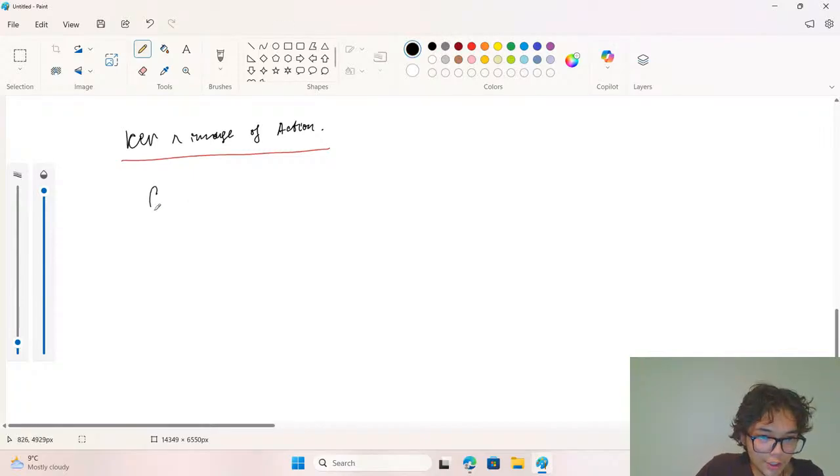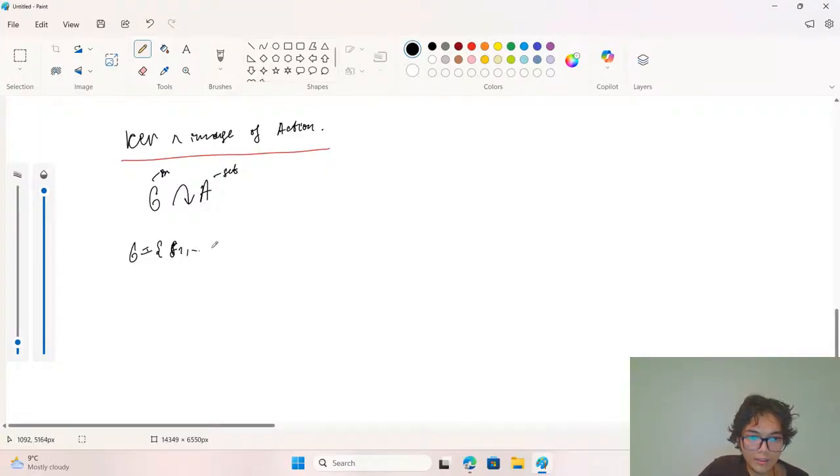For example, consider G acting on set A, a group and a set. Let's consider firstly finite groups and finite sets. Let G consist of G1 to Gn elements, and A consist of A1 to AM.